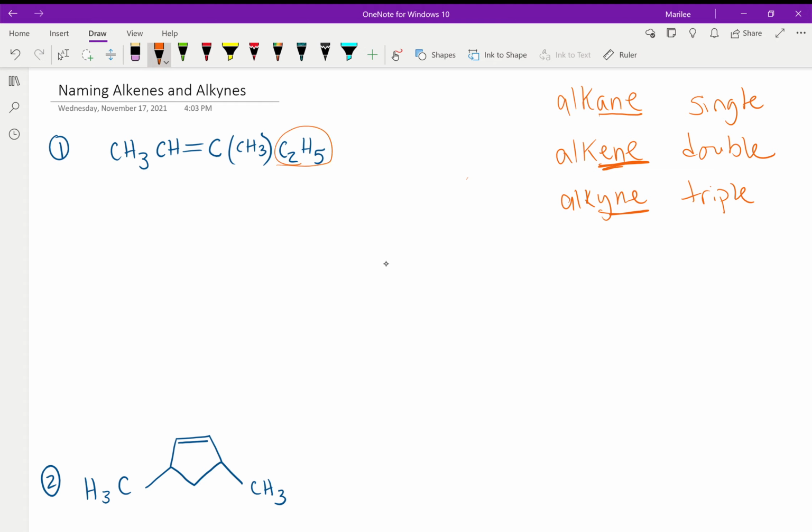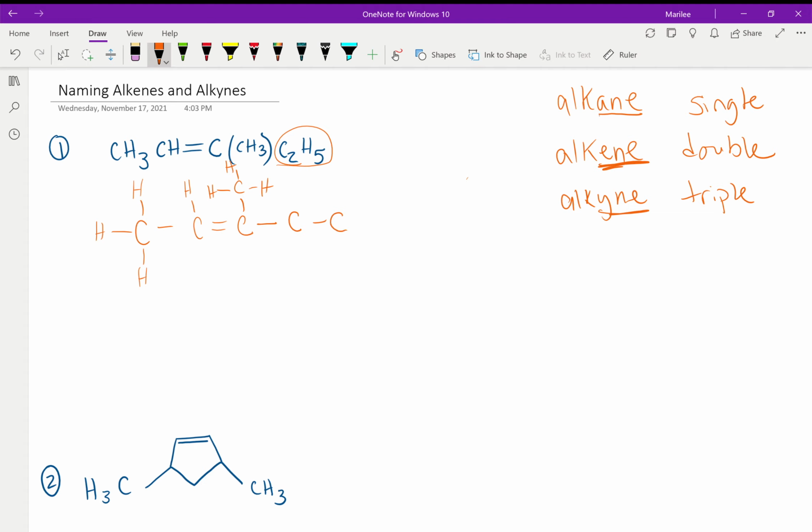So we have our CH3 bonded to a CH, double bonded to a C, and that is bonded to a CH3, and then back to the first carbon here, that's bonded to 2 carbons, so carbon 1, carbon 2.